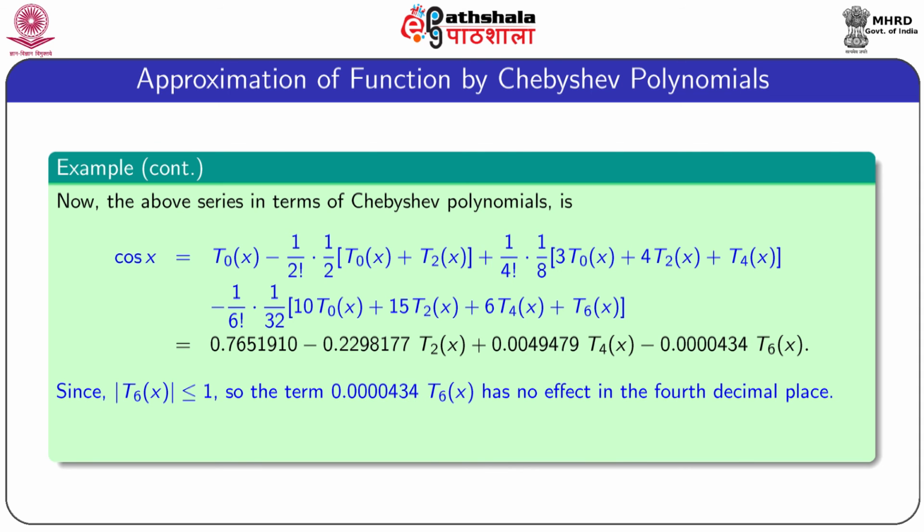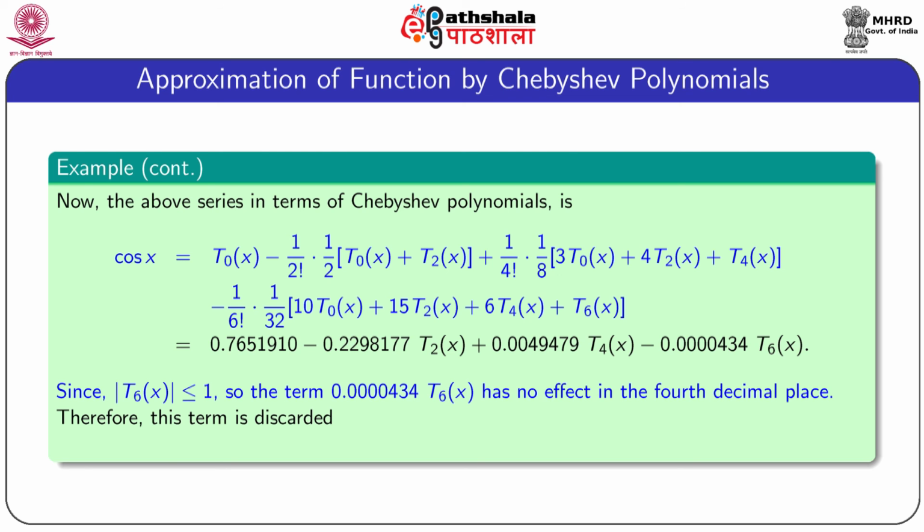Since the absolute value of T6(x) is less than or equal to 1, the last term of the above expression, 0.0000434 into T6(x), has no effect in the fifth decimal place.